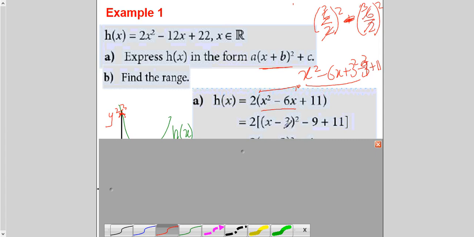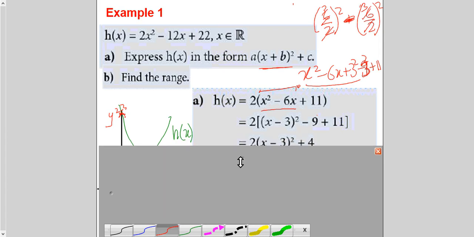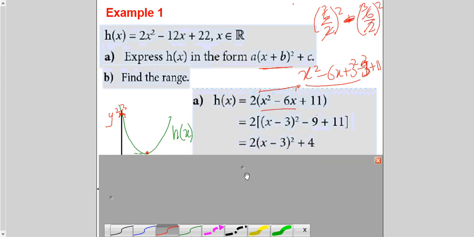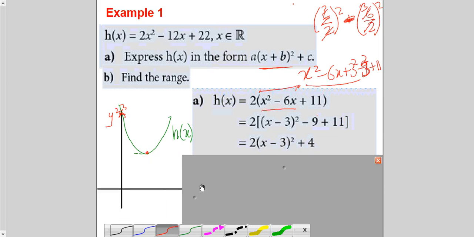I hope you remember the algebraic identity: a minus b whole square is a square minus 2ab plus b square. So I am applying the same concept here. And minus 3 square is equal to minus 9, plus 11. So the rest of the terms will remain the same, and it will become this. So this is how you change your quadratic equation into completing square form. So your turning point is 3 and 4.